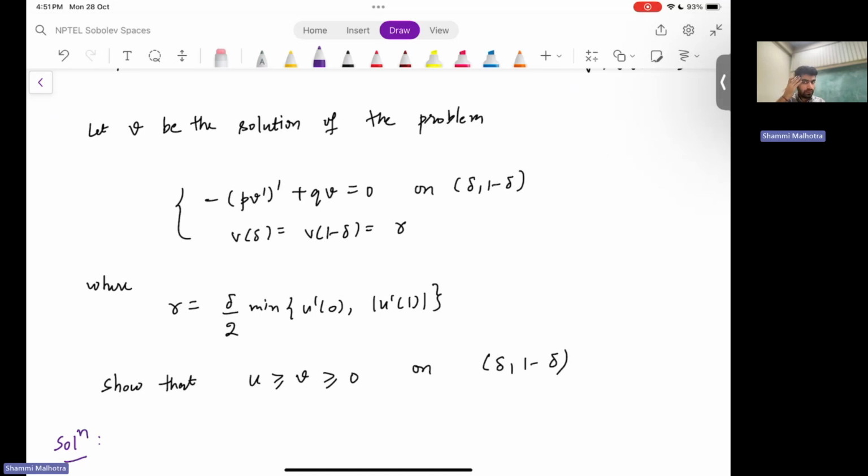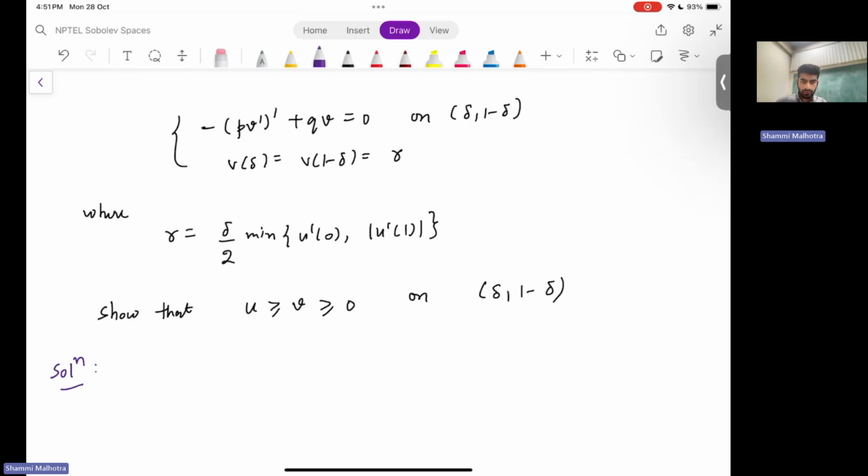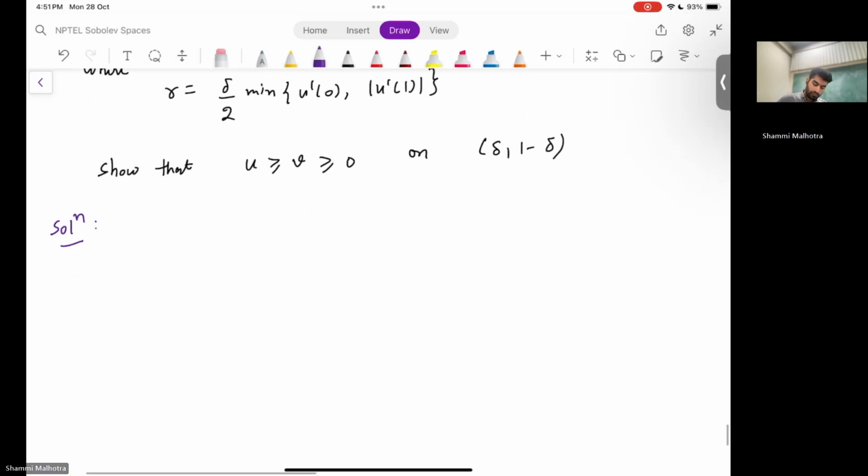So once this has a solution, what we want to prove is that u has to be greater than or equal to this solution v of this new problem. So we want to use w equal to the negative part of u minus v as the test function.